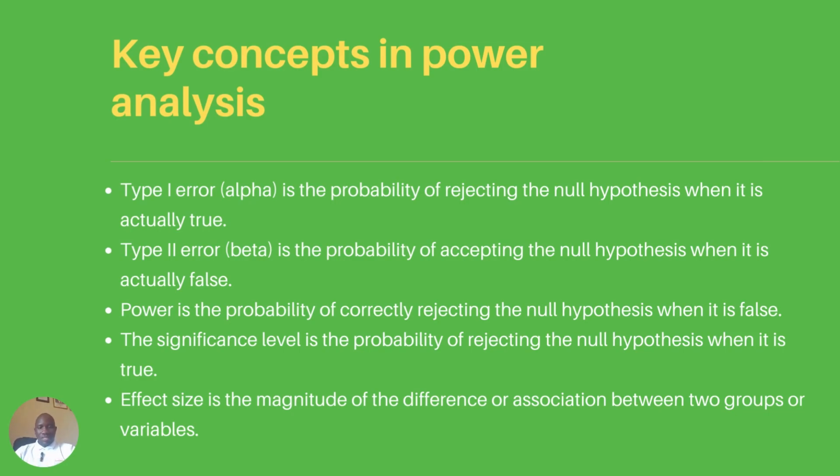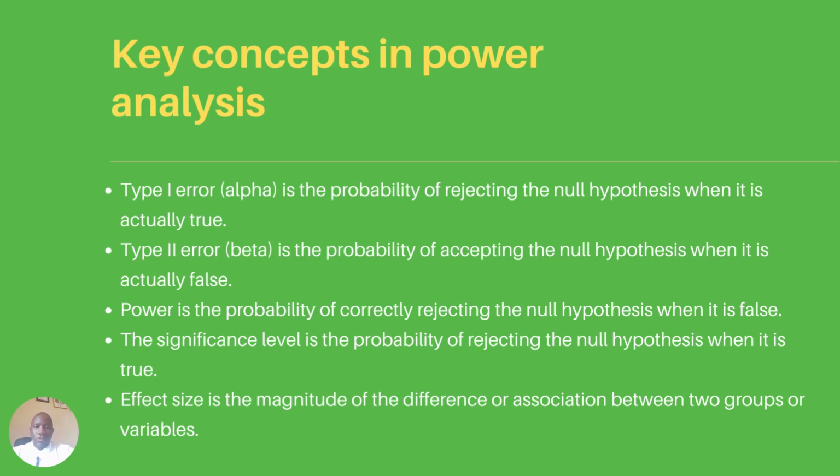So we need to understand some key concepts clearly, such that we can understand the whole concept of power analysis. The first concept that we have to look at is type 1 error, which we call alpha. It is the probability of rejecting the null hypothesis when it is actually true.